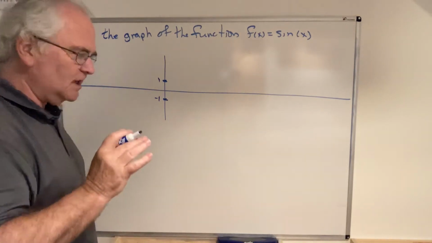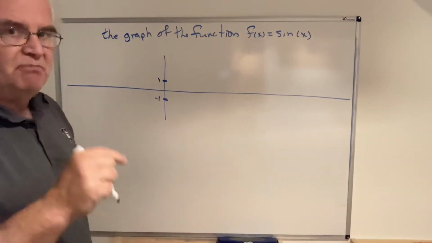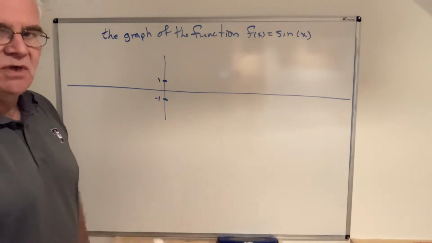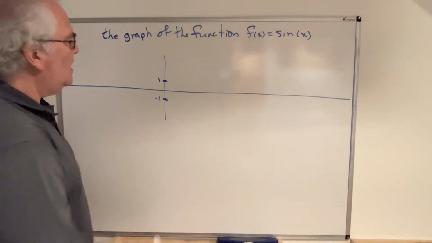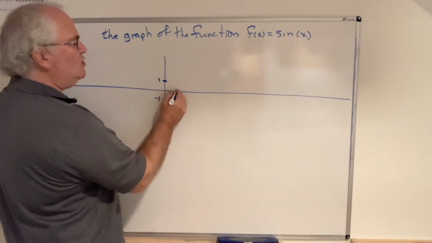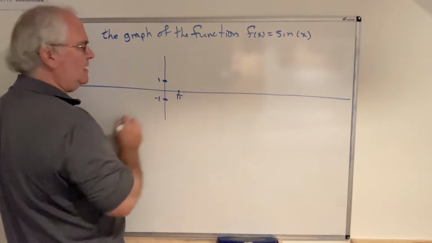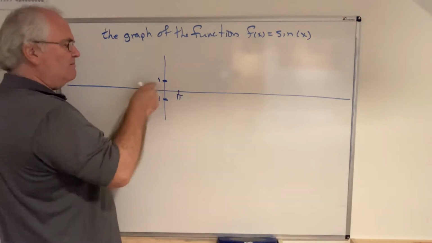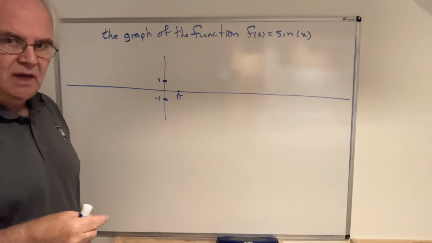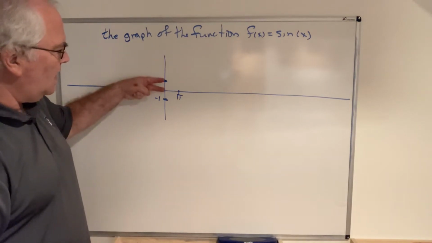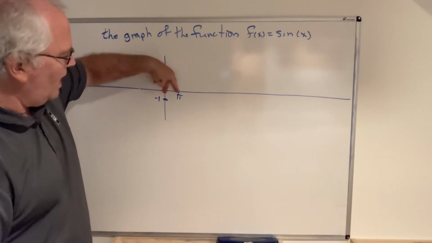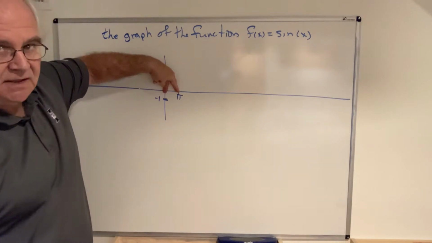Not only is it not accurate, it is misleading and it can give you some wrong ideas. If you say this is 1, then you better not put pi right here. Because pi is a little bit more than 3, so if this is 1 on the y-axis, there's no way this is 3 on the x-axis.